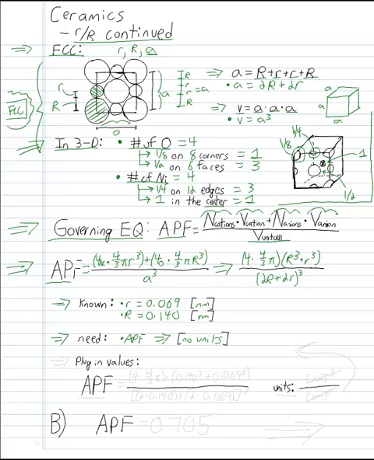Finally, we can go ahead and plug in our values. The atomic packing factor is equal to 4 times 4/3 pi. Multiply that by big R cubed, 0.140 cubed, plus little r cubed, 0.069 cubed. All of that is divided by 2 big R, 0.140, plus 2 little r, 0.069.